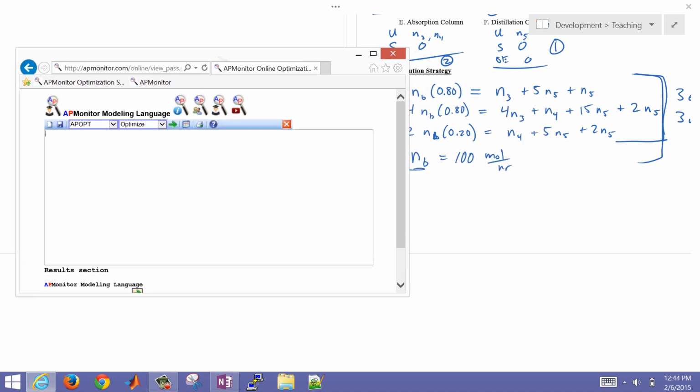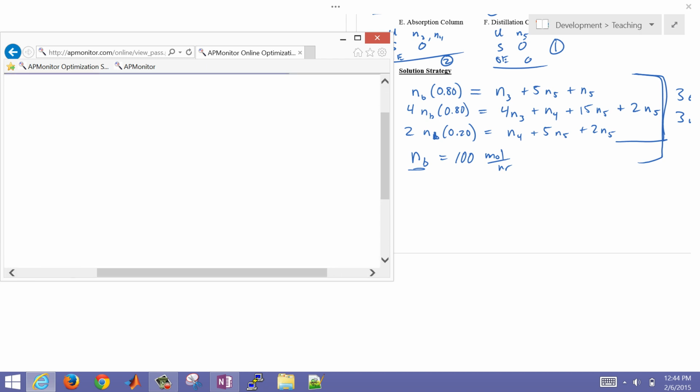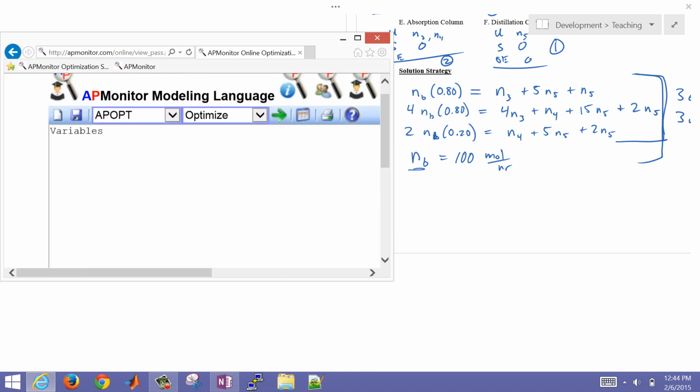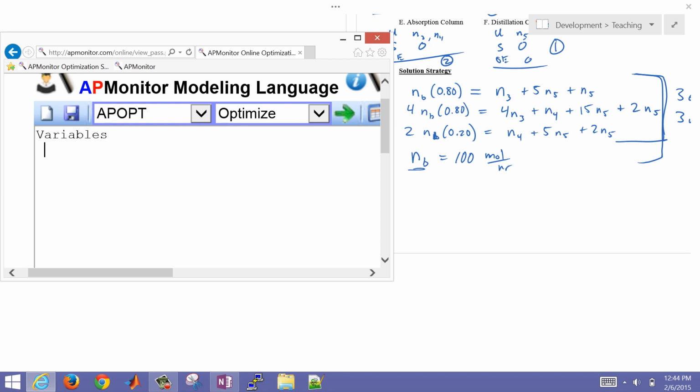Okay, so I'm going to come over here and just create some variables. Okay, let me make this just a little bit bigger so it's easy to see. Okay, so we'll create a new variable section, and I'll just say I have N3, N4, and N5. Okay, for my variables, and then equations, I'm going to have 80 equals N3 plus 5 times N5 plus N5.